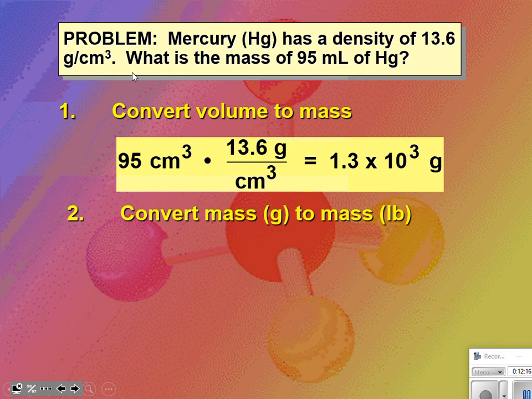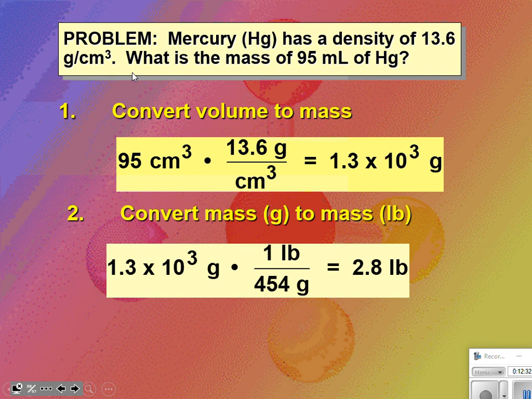Grams, right? So where will that go? The bottom. Okay? So we're going to put that 454 grams on the bottom. 1 pound is going to be on the top. So when we do so, we get 2.8 pounds.